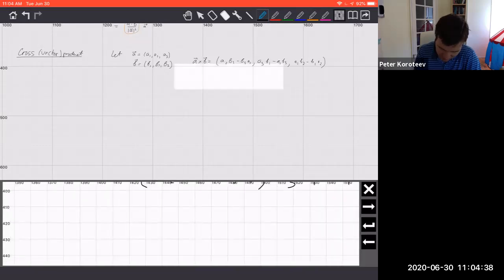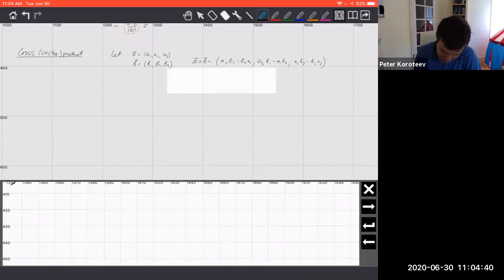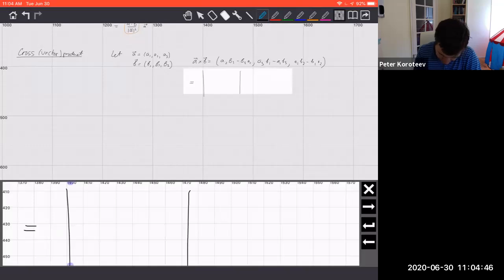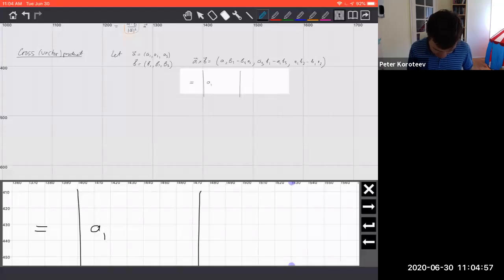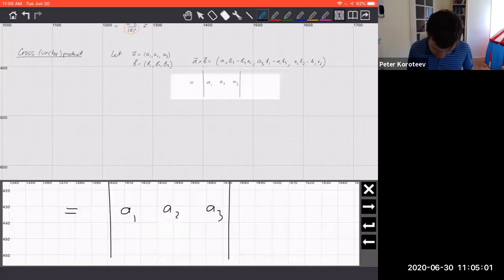Because you guys know linear algebra, this is also equal to the following. Let's make the following 3 by 3 matrix, and we'll calculate its determinant. Let me keep the first row of the matrix empty for now, but in the second row, I'll put the components of the vector A1, A2, A3. On the third row, I put B1, B2, B3.